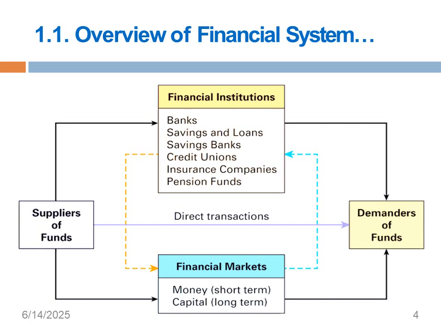This is short term, or money markets. Capital markets have a maturity of more than 1 year, that is 5 years, 10 years, 20 years and above. We call it capital market.